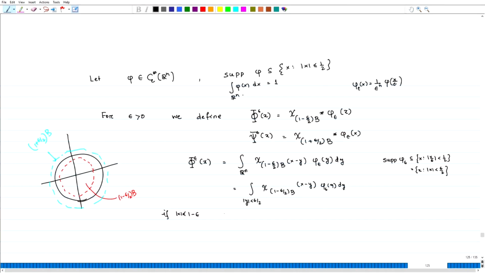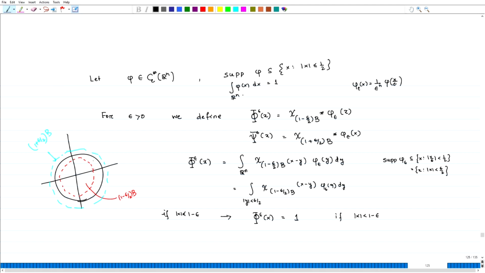So if this happens, then phi epsilon of x is equal to 1 if mod x is less than 1 minus epsilon. Now, if mod x is greater than 1 minus epsilon, then x minus y is going outside the ball of radius (1 minus epsilon) by 2.